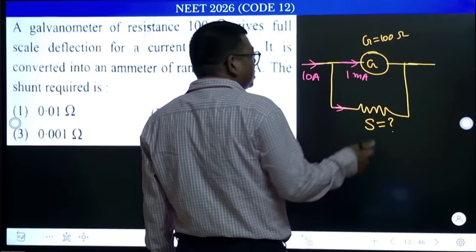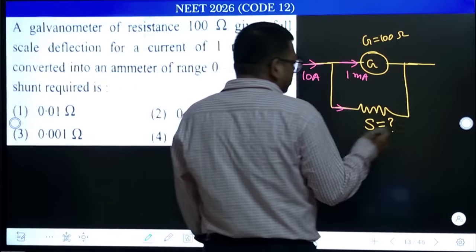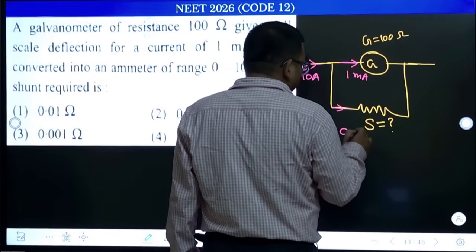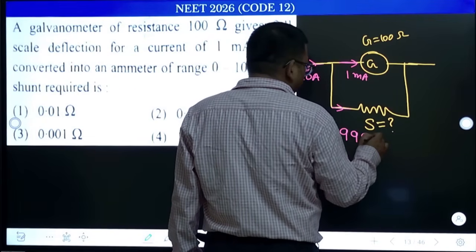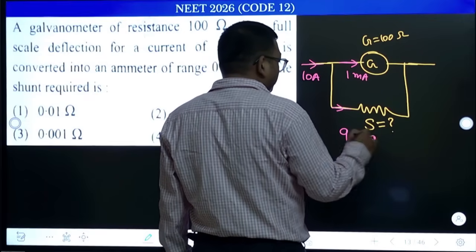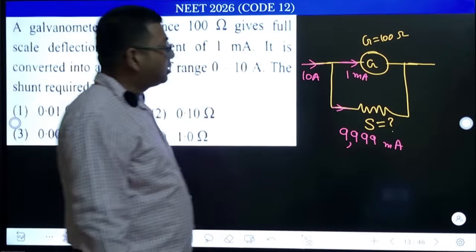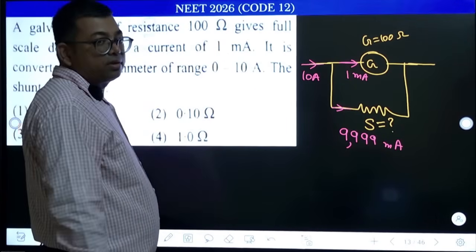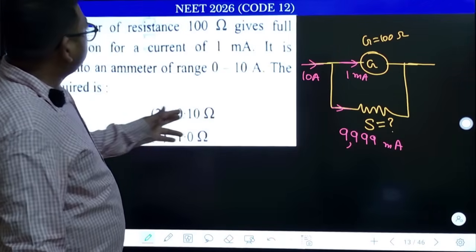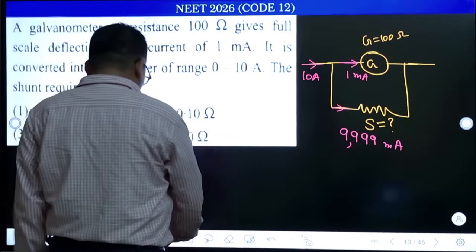So 10,000 minus 1 means 9,999 milliampere, correct? So 1 plus this 9,999 becomes 10,000. Now the question is to calculate the resistance of the shunt.